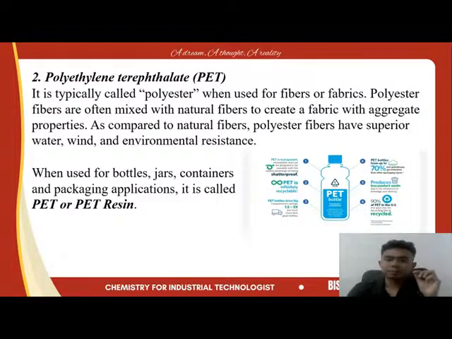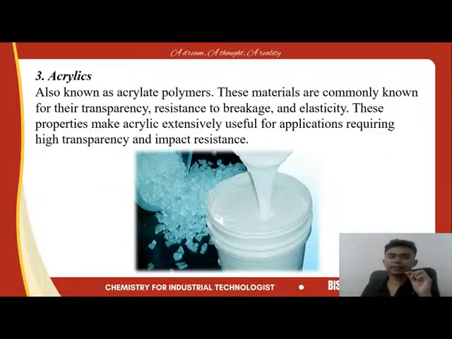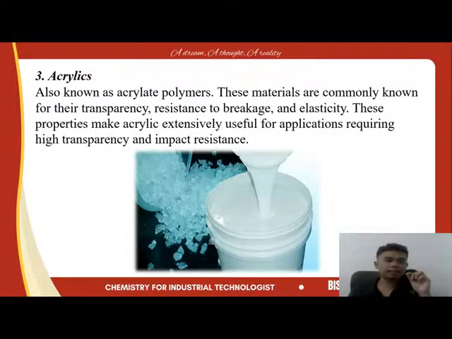Next we have acrylics. I know we already use acrylics. It's also known as acrylate polymers. These materials are commonly known for their transparency, resistance to breakage, and elasticity. These properties make acrylic extensively useful for applications requiring high transparency and impact resistance.